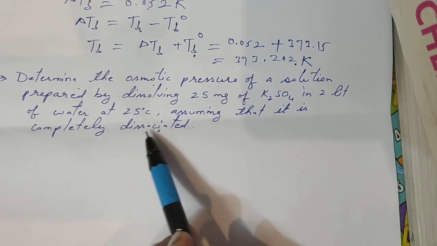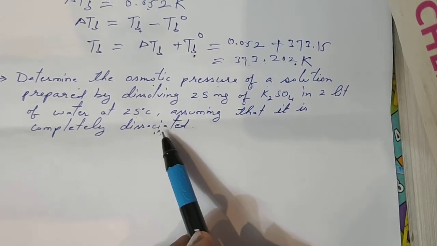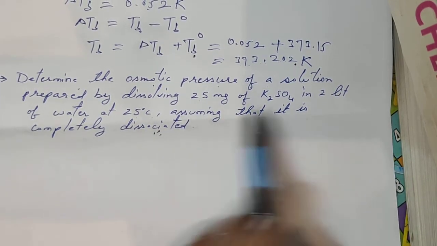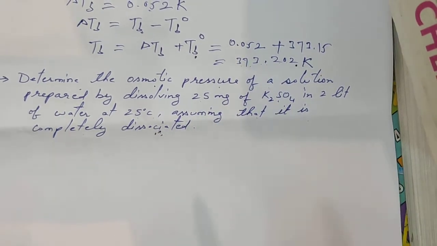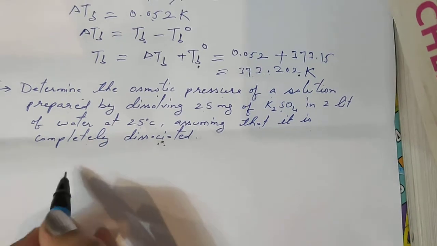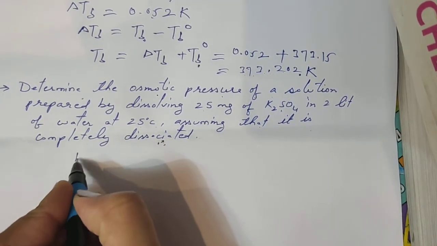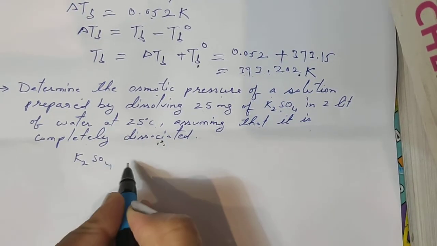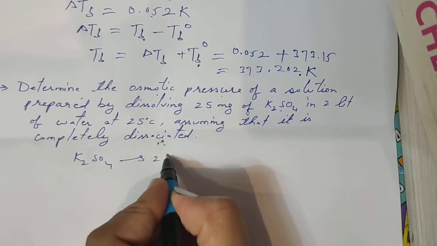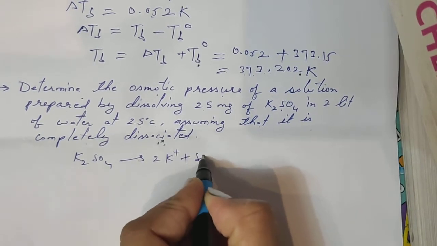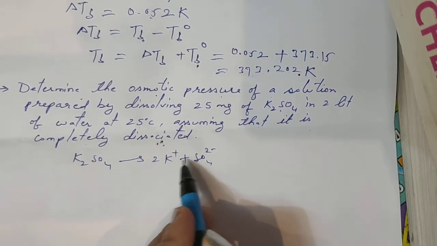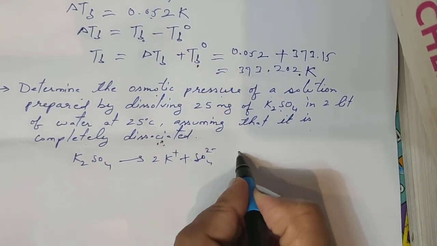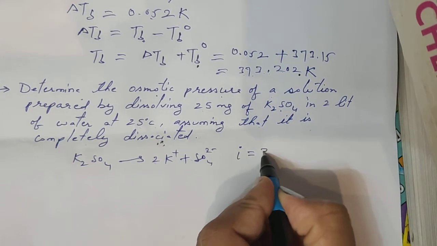So you can clearly see from this statement, assuming that it is completely dissociated, it means potassium sulfate undergoes dissociation. K2SO4 dissociates to give 2K positive plus SO4 2 negative. So we are having 3 ions, 3 particles, so the value of Van 't Hoff factor is 3.